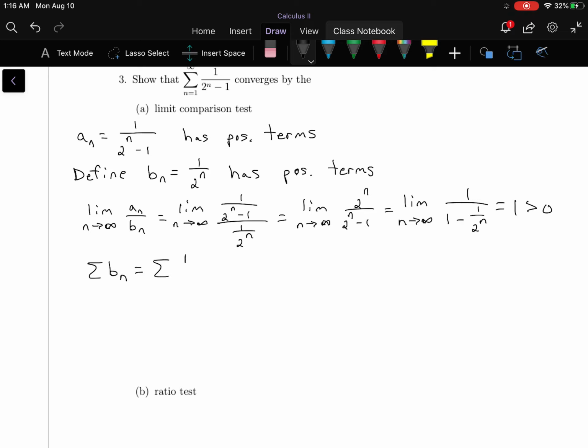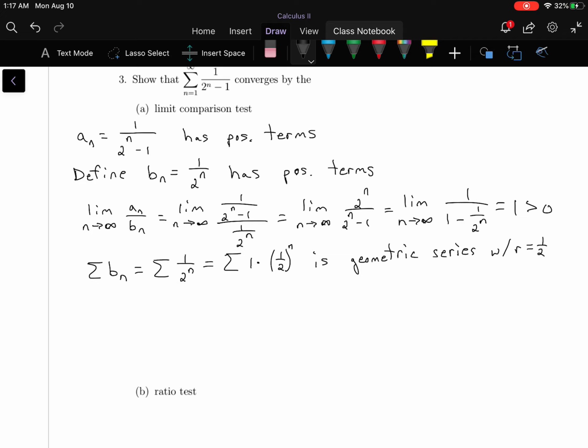Now this is the sum of 1 over 2 to the n, which I am going to rewrite as the sum of 1 times 1/2 to the nth power. And I do that because it makes it easier to recognize that this is a geometric series, where your common ratio is 1/2.